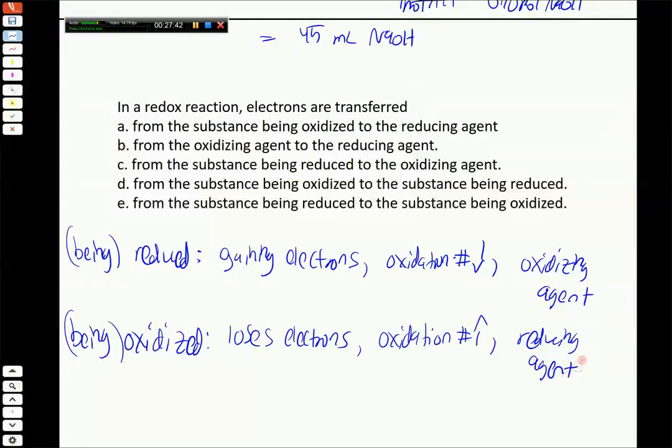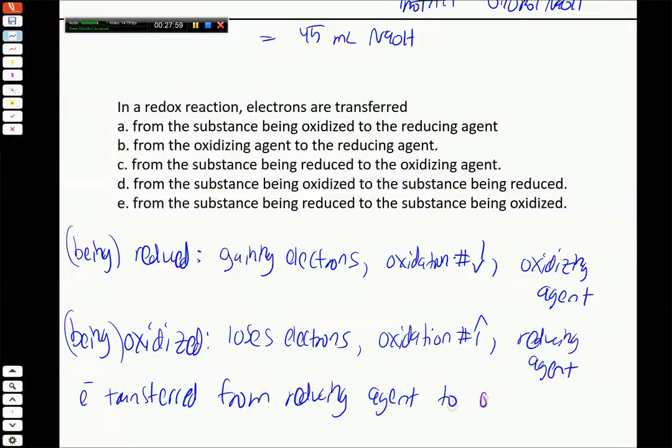So in redox equations, we're talking about the transfer of electrons from the reducing agent, which is the species being oxidized, to the oxidizing agent. That's the direction the electrons go, from reducing agent to oxidizing agent.